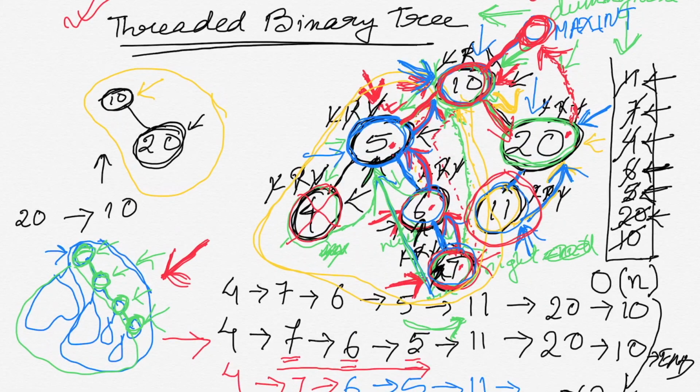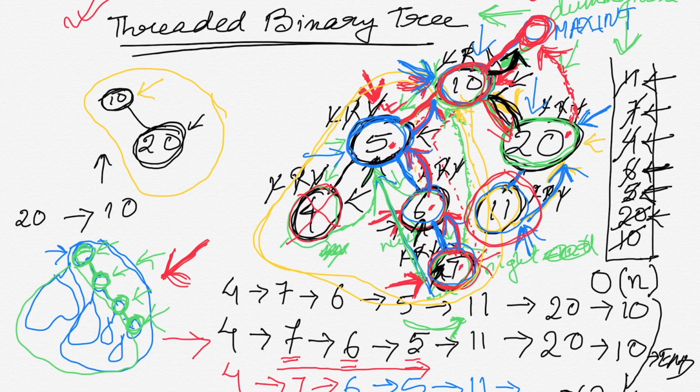and we go on changing the right child pointer. So as we have already done before, the right child pointer of 10 will now point to the dummy node, and the right child pointer of 20 will now point to the node with value 10.